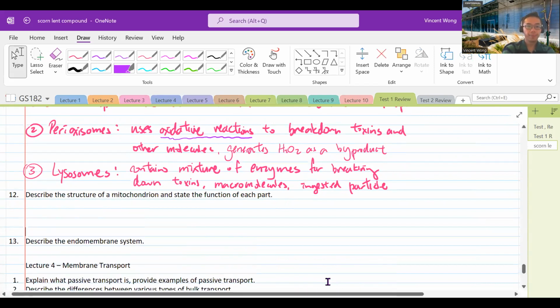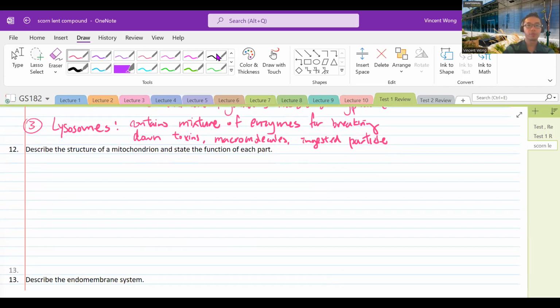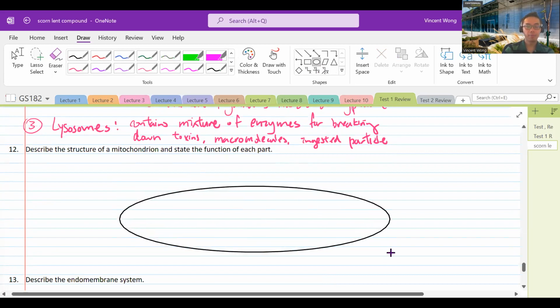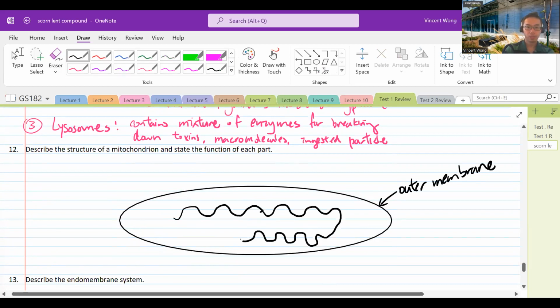Structure of the mitochondria and state the function of each part. Yeah, we can certainly review that. There is the outer membrane. And the inner membrane is folded up into the cristae.